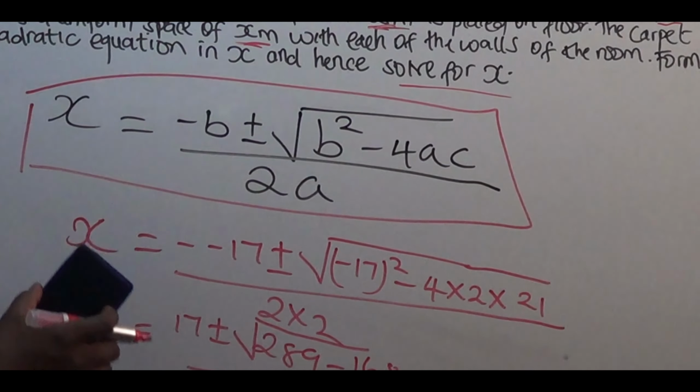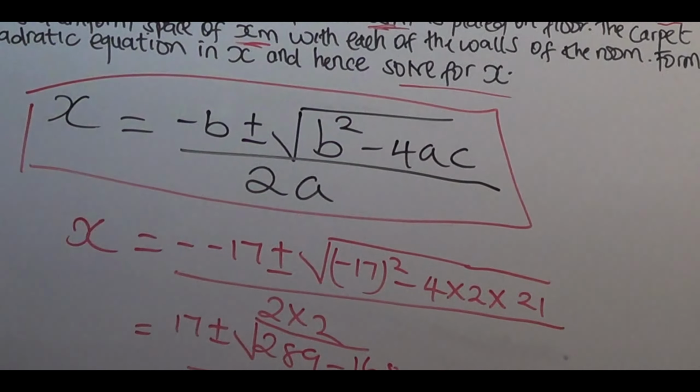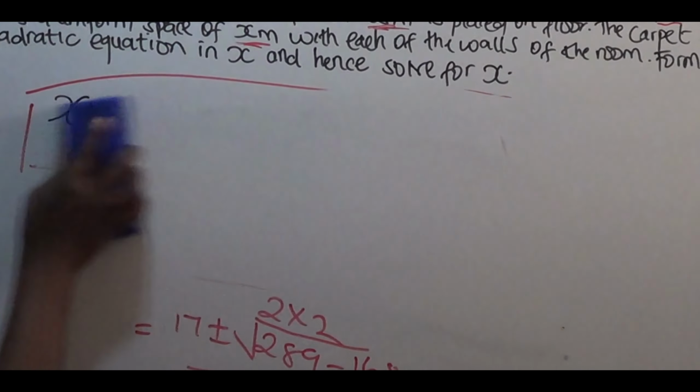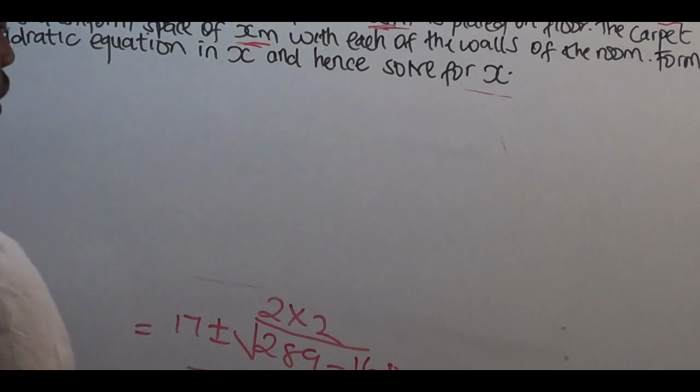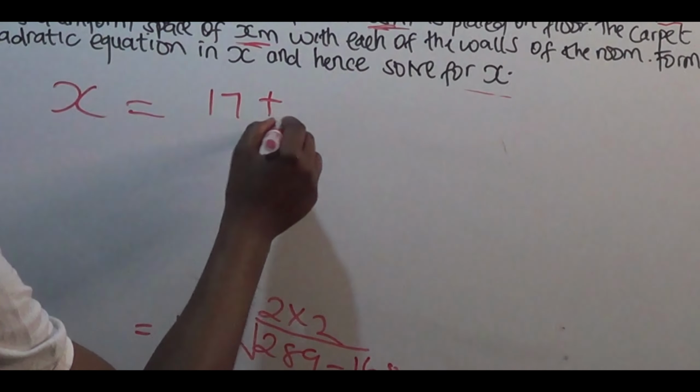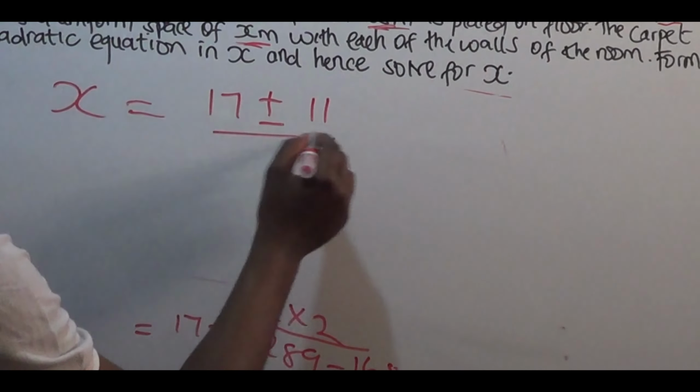So at this point, x equals to 17 plus or minus 11 over 4.